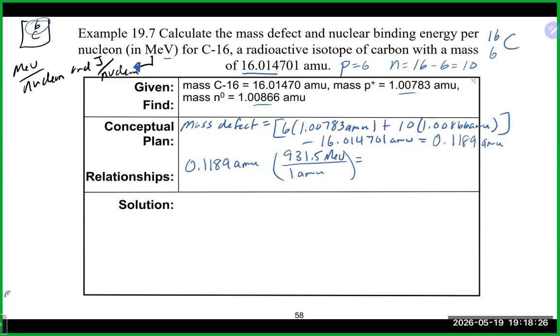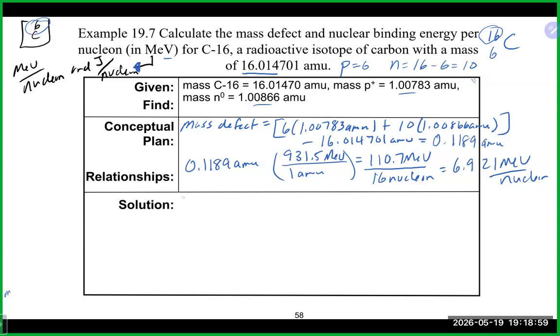So if we multiply by 931.5, we get about 110.7 mega electron volts. Remember, we want it per nucleon, so we divide by the number of nucleons, which is essentially the mass number, the protons and neutrons. So this would be 16 nucleons. If we do that, it looks like about 6.921 mega electron volts per nucleon.